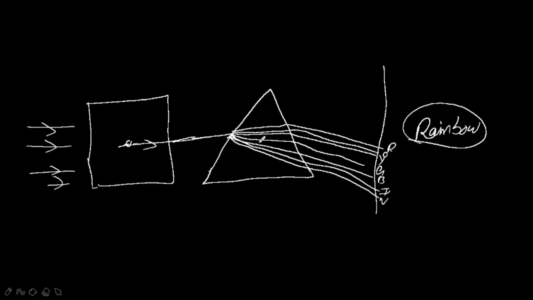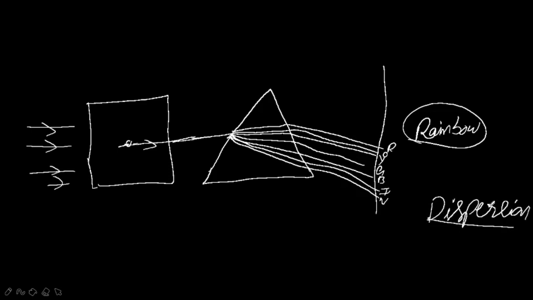For that reason we observe that the light rays are splitting. This splitting of the light into its component colors, we call it dispersion.